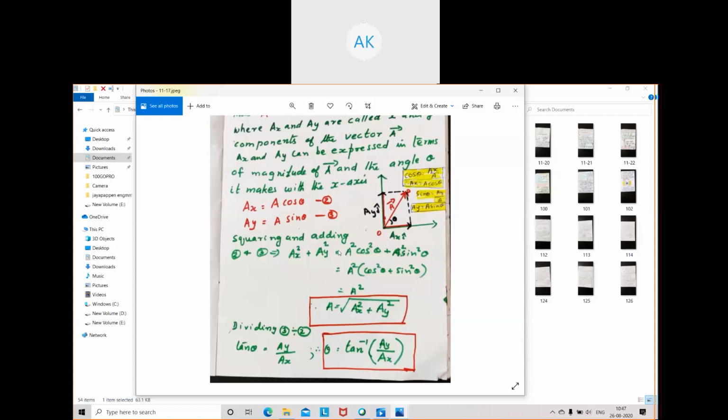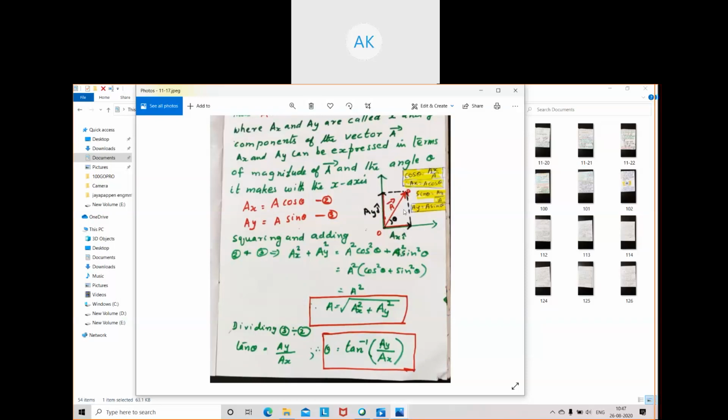You may have a doubt how to study this question. When you study, as I have given in the notes, consider the given vector A, and split that vector into two components along the x-axis and y-axis. For that, first draw the perpendiculars to the x-axis and y-axis; this gives the x component and the y component.